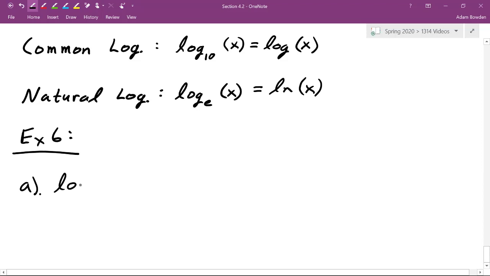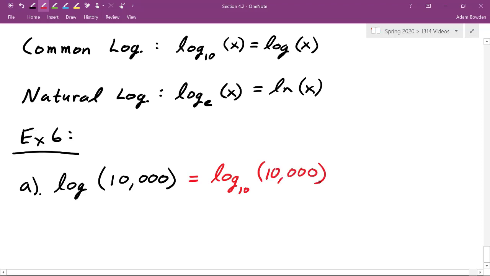Let's start out with log of 10,000. So when we see log of 10,000, keep in mind that what we're looking at is log base 10 of 10,000, which we can treat just like any other log we've done before. If you want to convert it into exponential form, call it equal to x, swap around these two things, make it look like 10 raised to the x power is equal to 10,000.